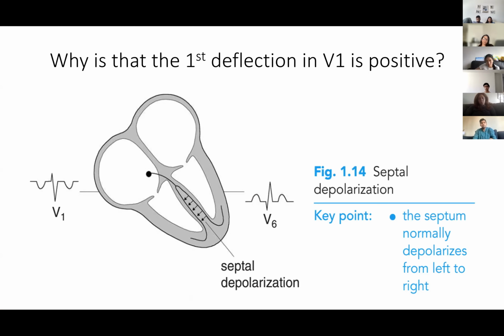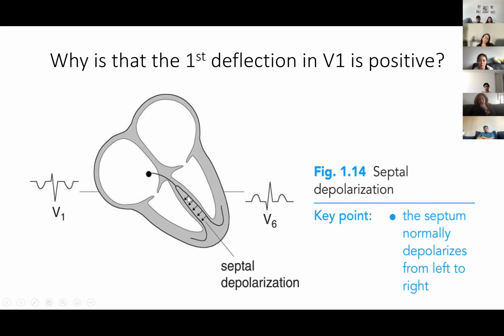So depolarization-wise, this is actually just important in the QRS to remember that V1 has a small positive deflection at the beginning. Okay, the importance of that is that once you look for left bundle branch block, you're going to see that that is lost.